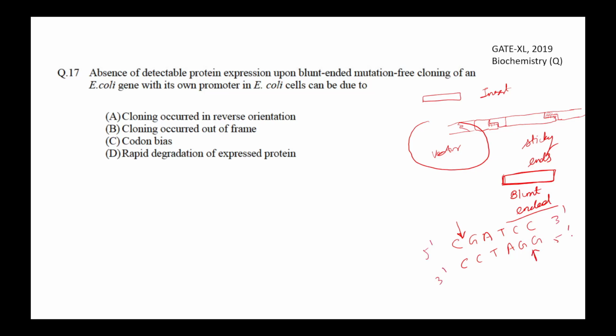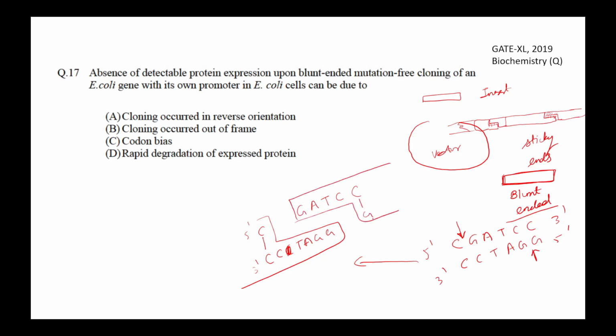Okay, so it will generate ends like this. One end is generated like this. So this is a sticky end. Okay. The other end which will be generated will be like this.